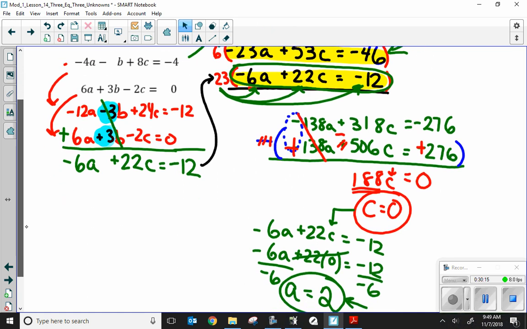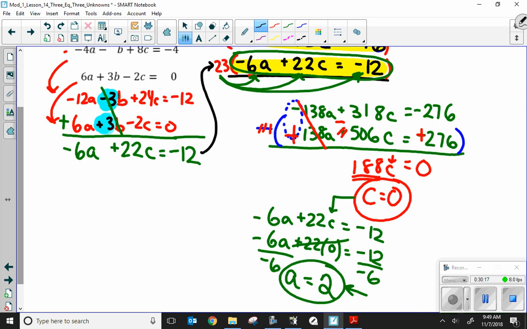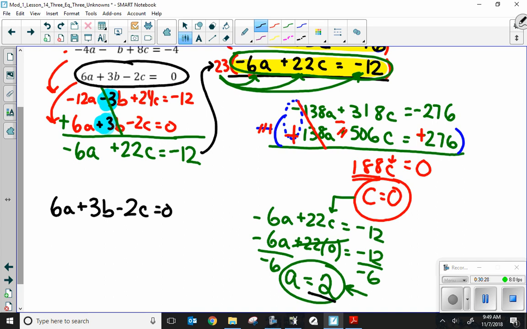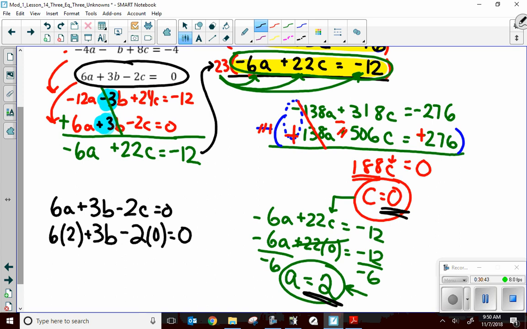So I have 6a plus 3b minus 2c equals 0. I'm using this equation. I have an a, that's 2. I'm solving for b, and I have a c, which is 0.